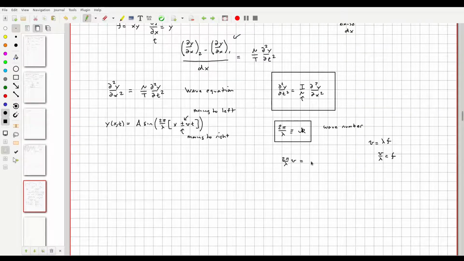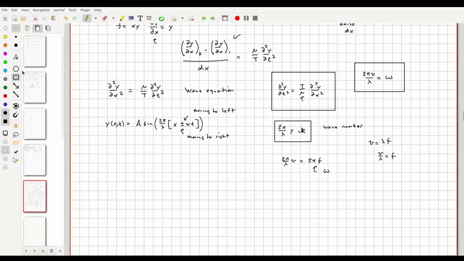There's a v over lambda right here, which means it's the same thing as 2 pi times the frequency. And you may recognize this as omega, the angular frequency. Okay? So when you multiply 2 pi v over lambda, what you end up with really is omega.